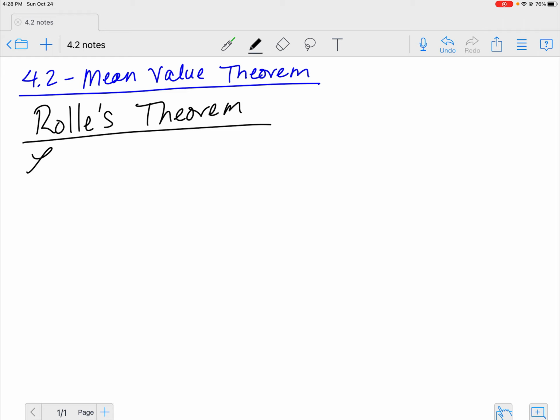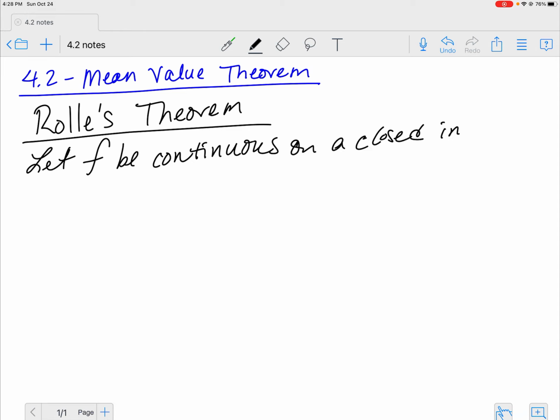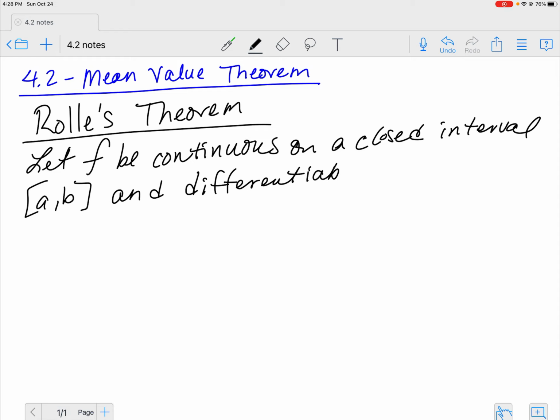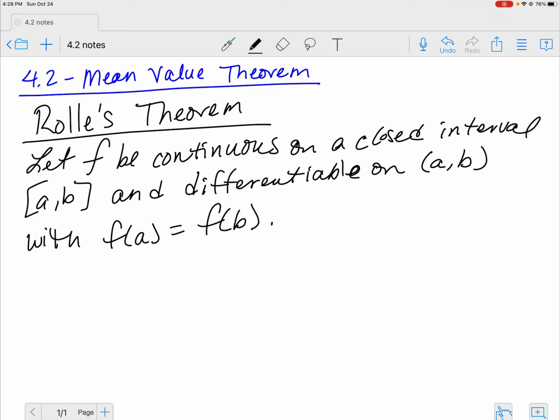We're going to let f be continuous on a closed interval. And that closed interval we're going to say is from A to B, and differentiable on that same interval. Except whenever I say it's differentiable, it's on the open interval from A to B, with f of A equal to f of B, all right?